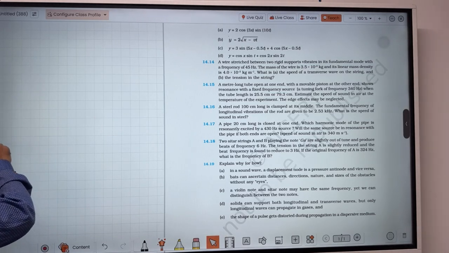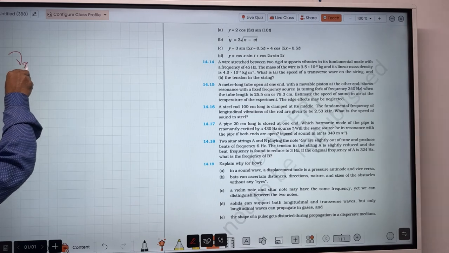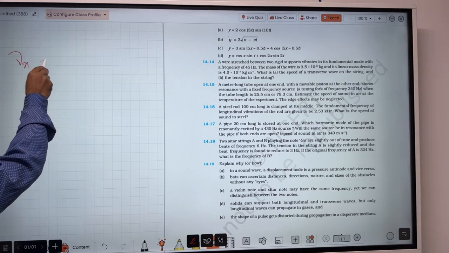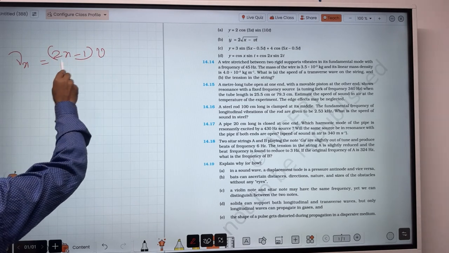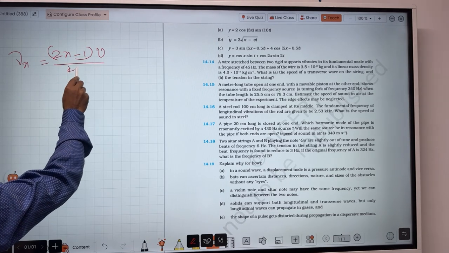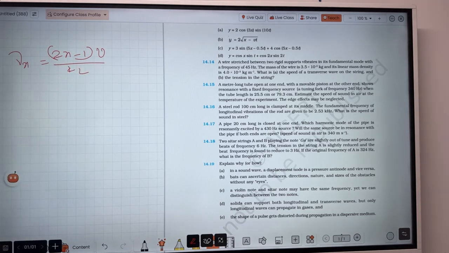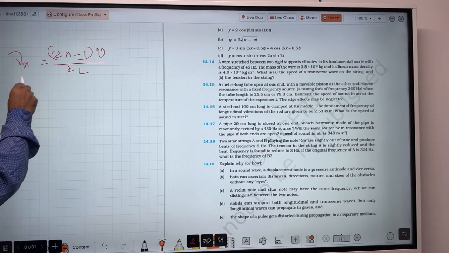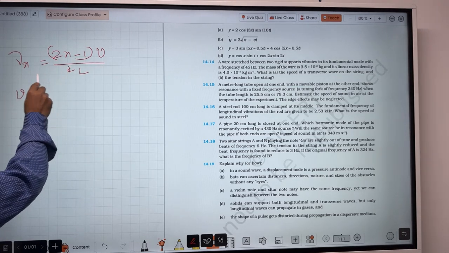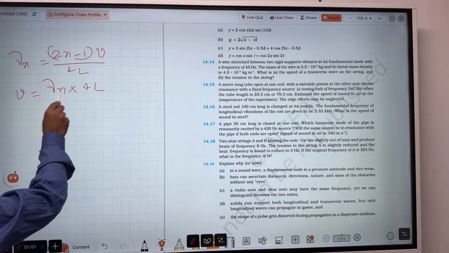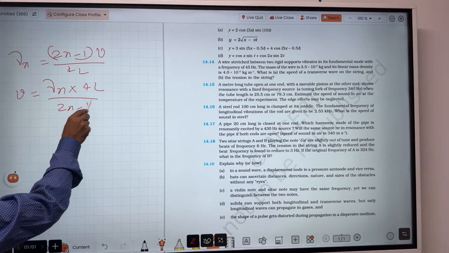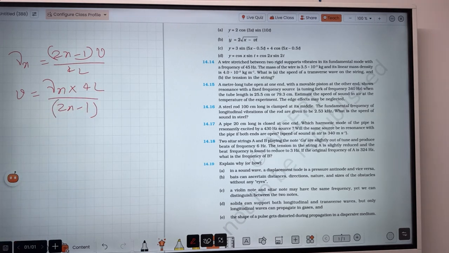We have got nu n equal to (2n minus 1) v divided by 4L. If we want to find the velocity, we just write nu n into 4L divided by (2n minus 1).